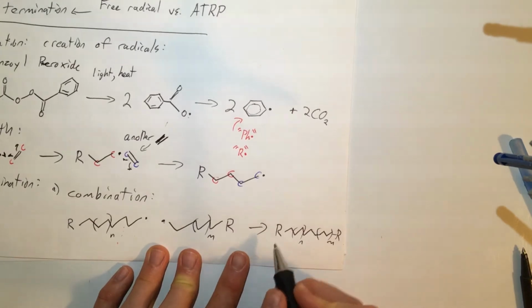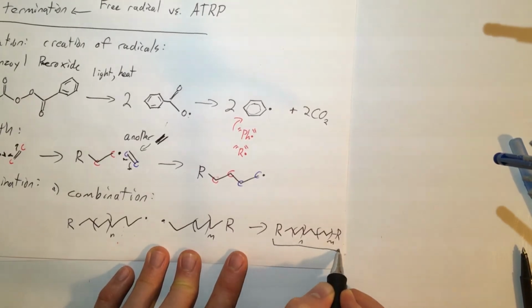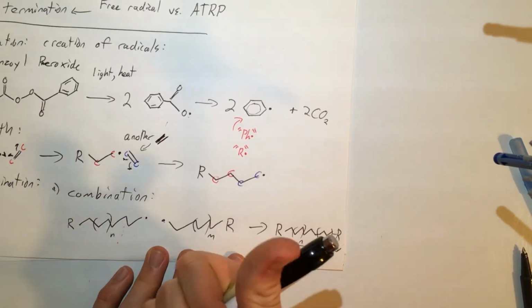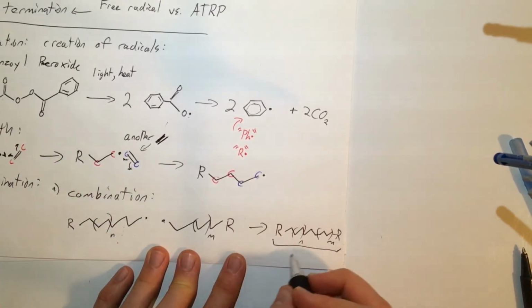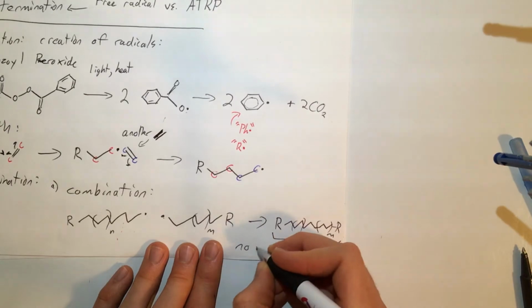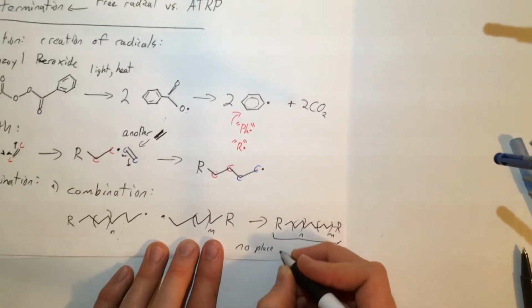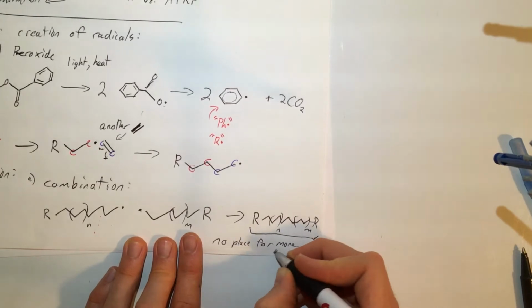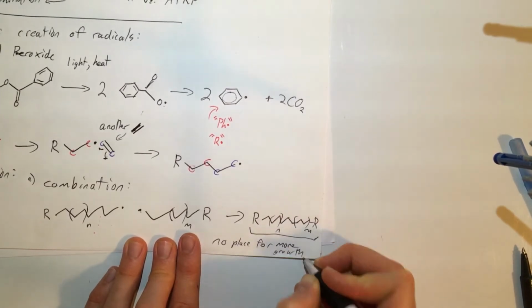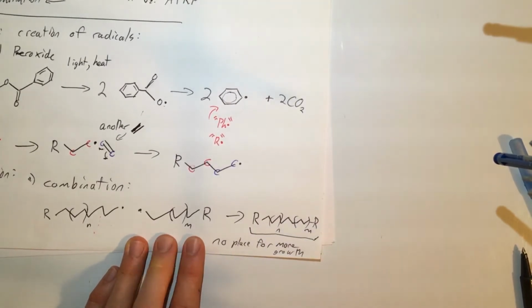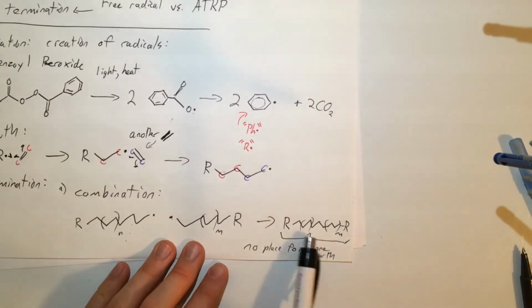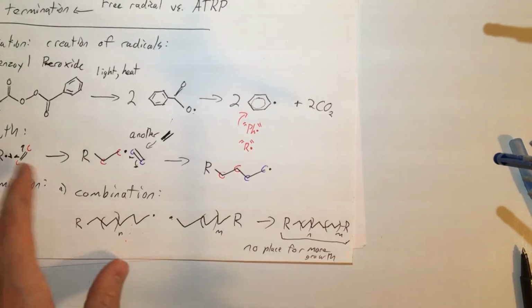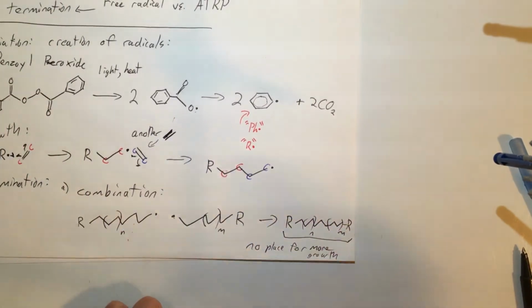So this does nice things in the sense that we've created a molecule that had twice the molecular weight of any of its components, but the downside is now there's no place for more growth. And that's unfortunate. So if there's no place for any more growth, we've basically locked in this polymer at its particular size, and we can't increase its molecular weight any further.